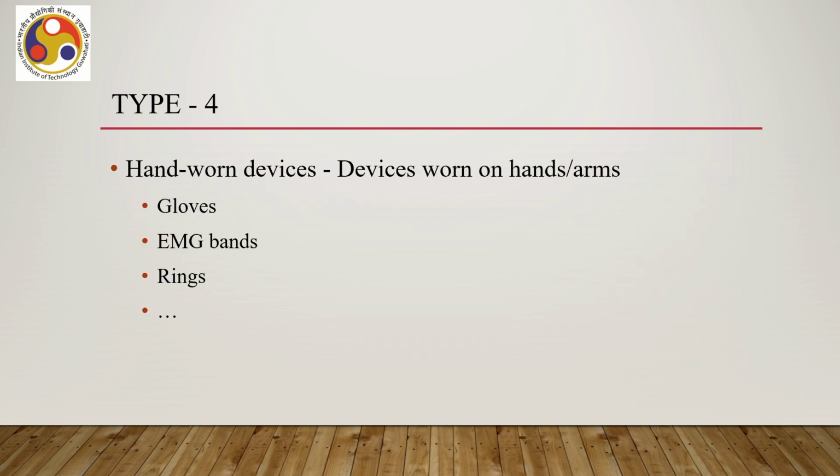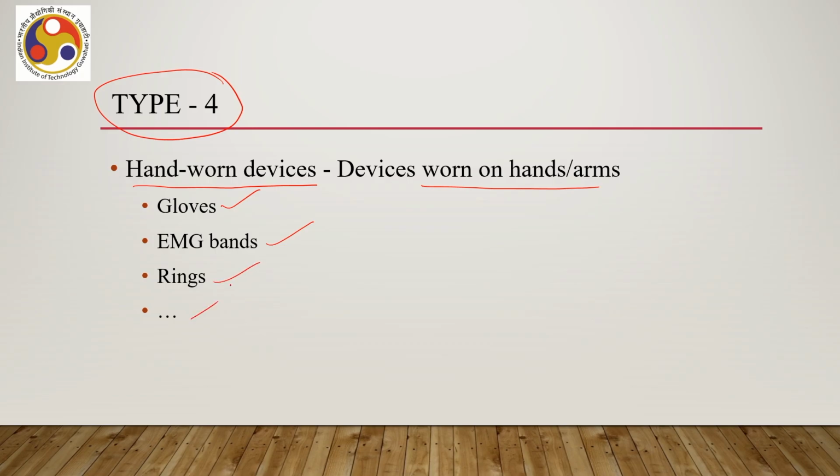Then we have type 4 hand input devices, or the fourth category of hand input devices, which are hand-worn devices, devices that are worn on the hands or arms. Several such devices can be there, for example, gloves, more popularly known as data gloves, then EMG bands, rings and so on.